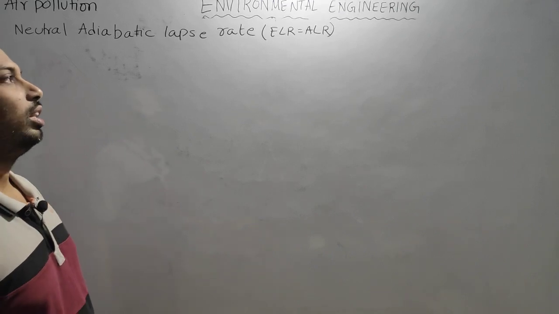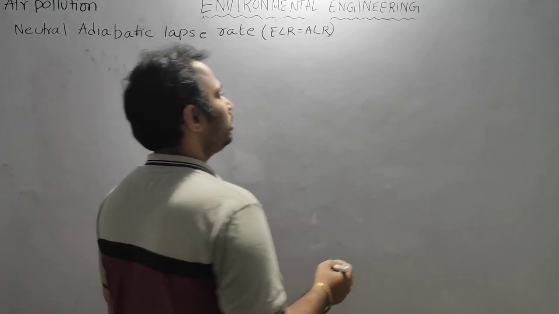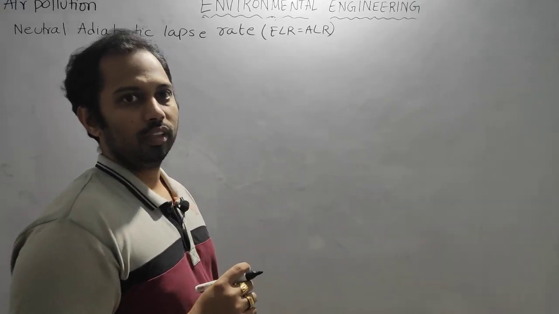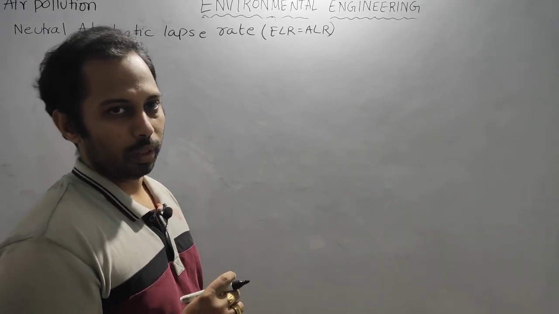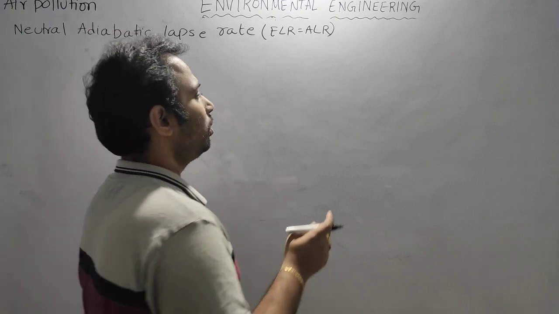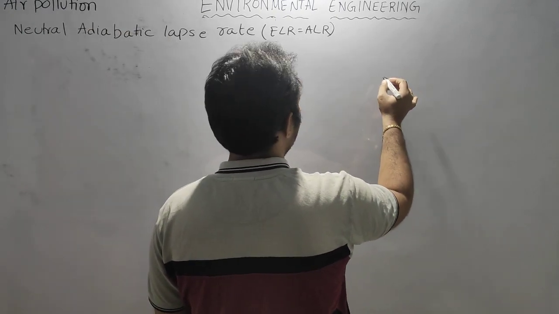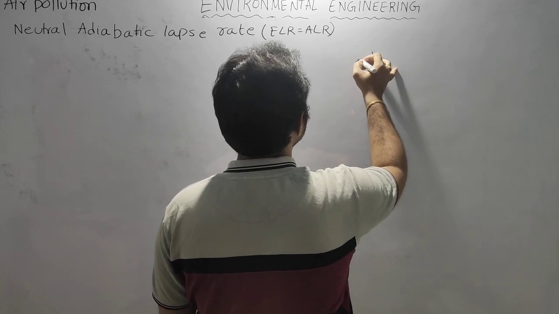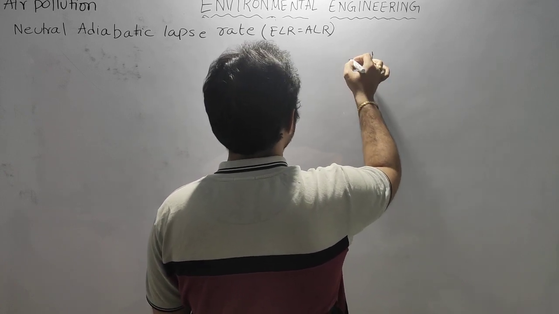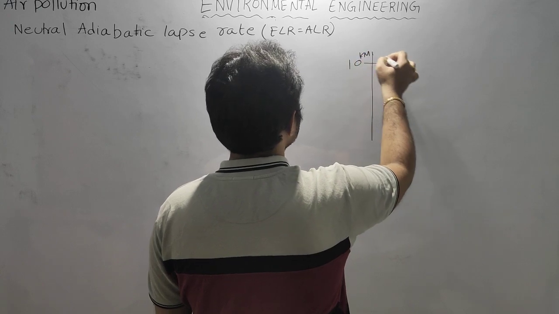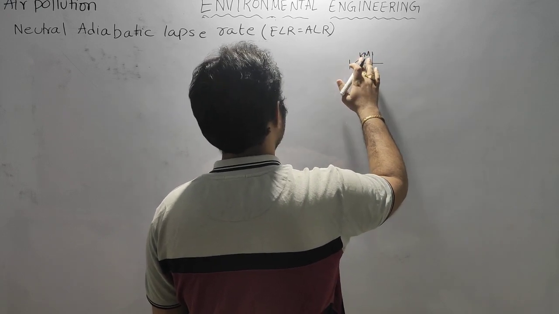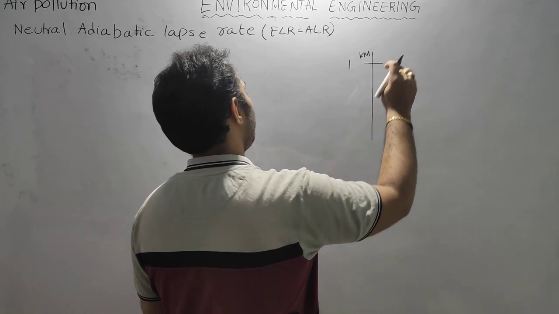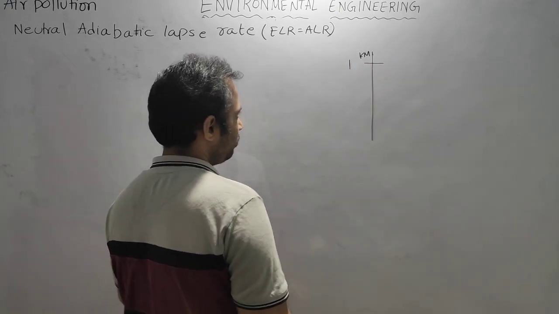Whenever we see the pollution parcel is cooler, then for example, at a particular elevation, let us say this is 0, or let us say this is 1 kilometer height. Here I am disposing the pollutant into the nature.